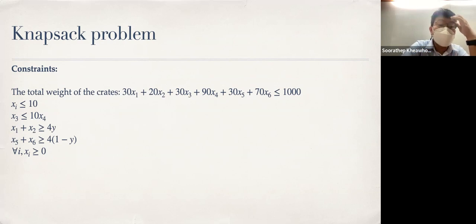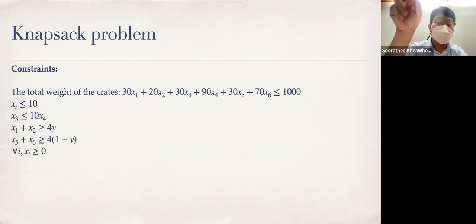Well, you want to remove that 10, right? x3 less than x4, right? Well, we have a problem. The condition is you need only one crate of x4. You can send any number of crate 3.